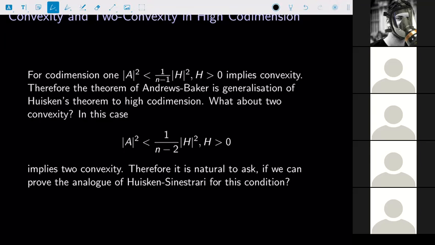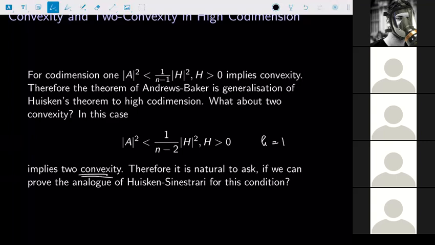Okay, so what about 2-convexity? We want to do surgery. In 2-convexity, the condition that you want to replace is not |A|² less than 1/(n−1) H², but in fact |A|² less than 1/(n−2) H². So in codimension 1, i.e. k equal to 1, this implies 2-convexity.